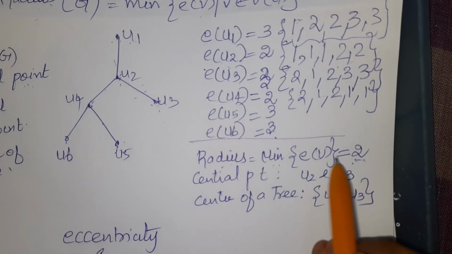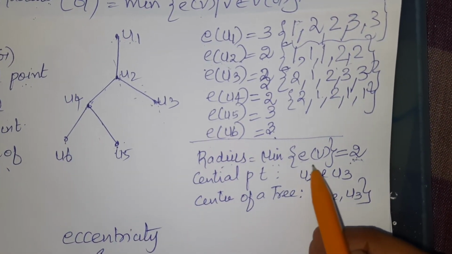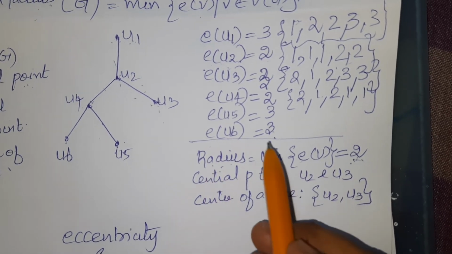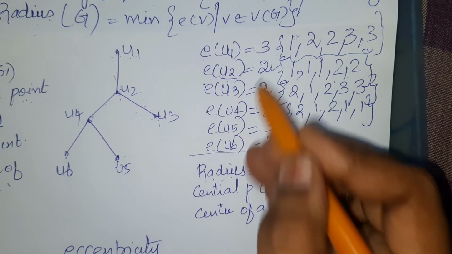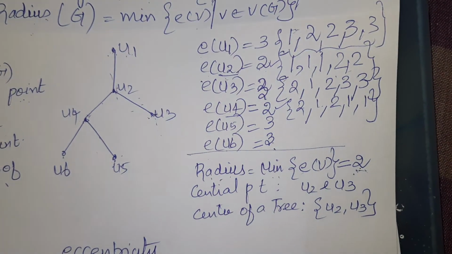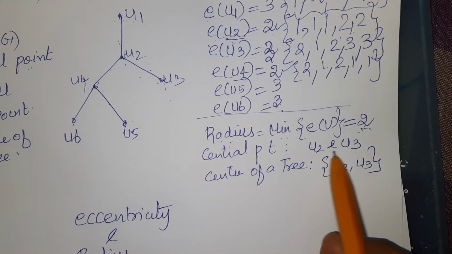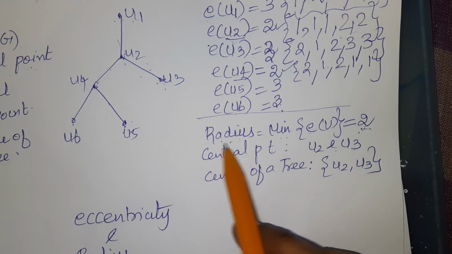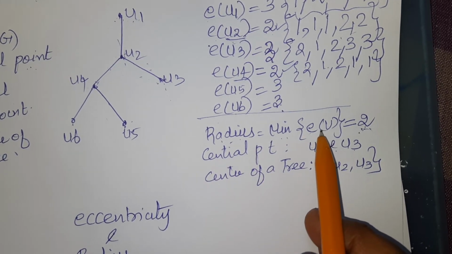So we got the radius as 2. Which are the vertices that got the radius 2? Vertex u2 got the radius 2. Vertex u4 got radius 2. Therefore, the central points are u2 and u4. These are the two vertices where my radius value and eccentricity value are the same.